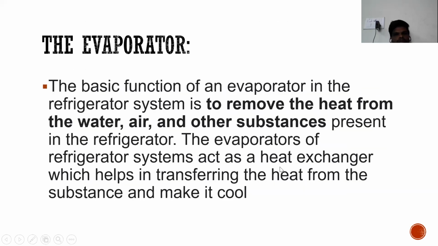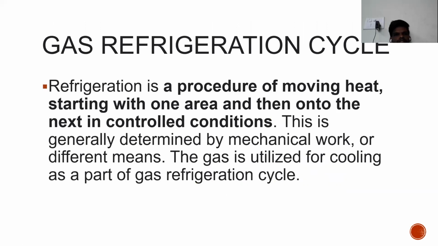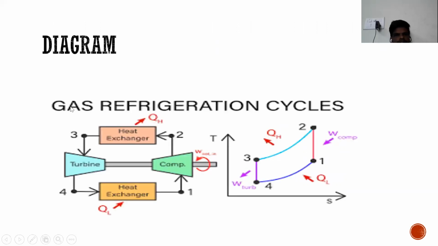And this is the COP, and this is the main process that will occur. Here the heat absorption takes place, and here the turbine will generate electricity. This is the heat exchanger, and this is the compressor.